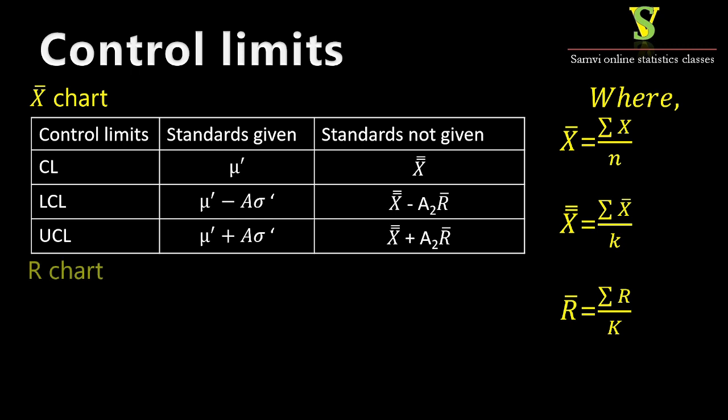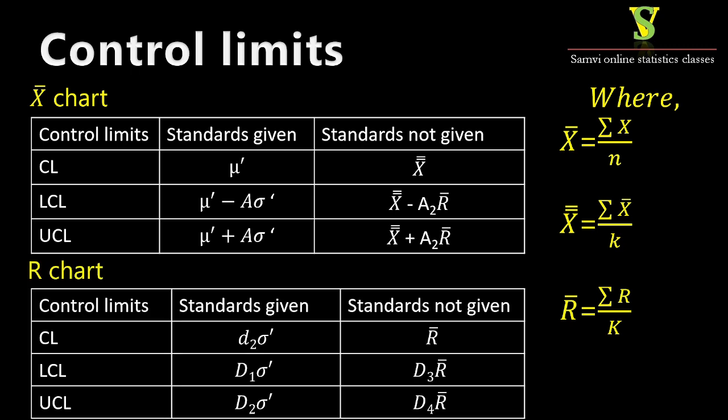Now control limits for R chart. Here CL means center line, LCL means lower control limit, and UCL means upper control limit. If standards are given, then CL is D2 sigma dash, LCL is D1 sigma dash, UCL is D2 sigma dash.